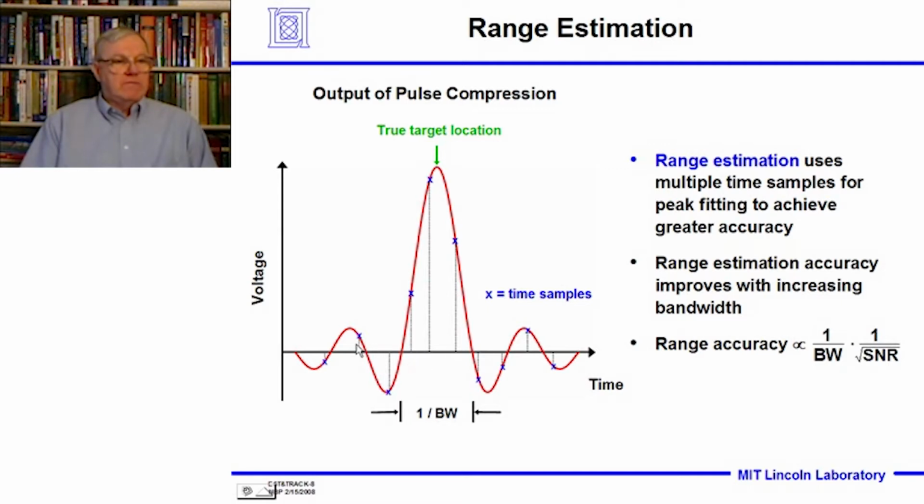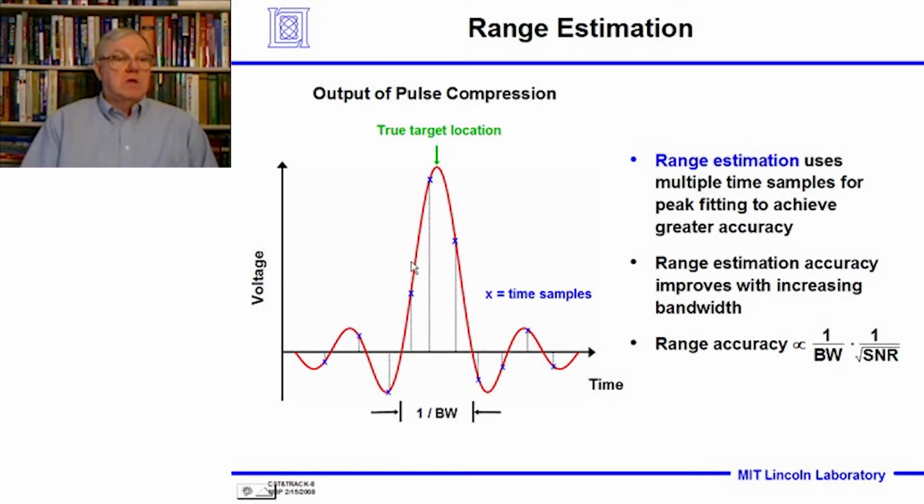And we see at these different little X's the voltage output, they'd be our time samples, if our time samples were at these locations for that pulse. Now here's the true target location, but our samples are off somewhat. And if we just looked at where we got the biggest output, our location wouldn't be quite accurate. It wouldn't be the most accurate that it could be.